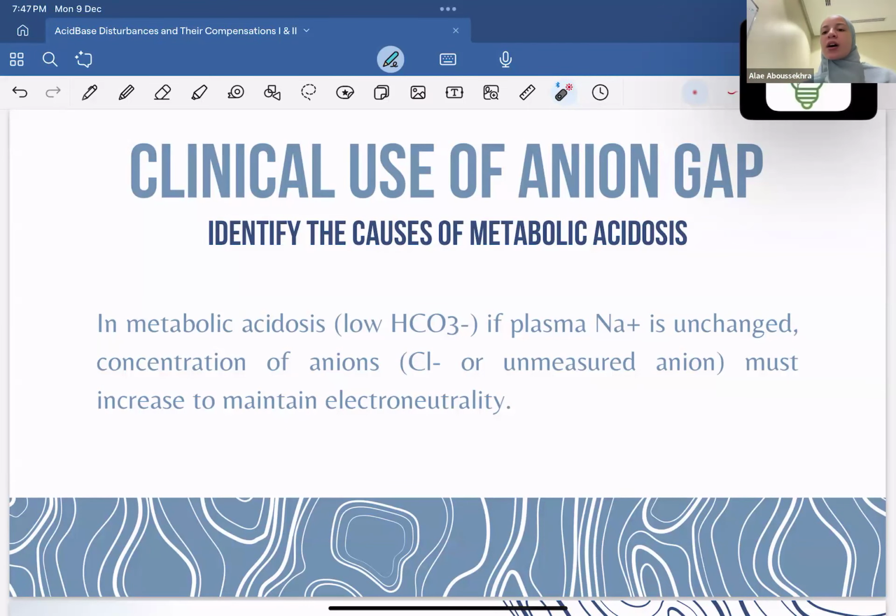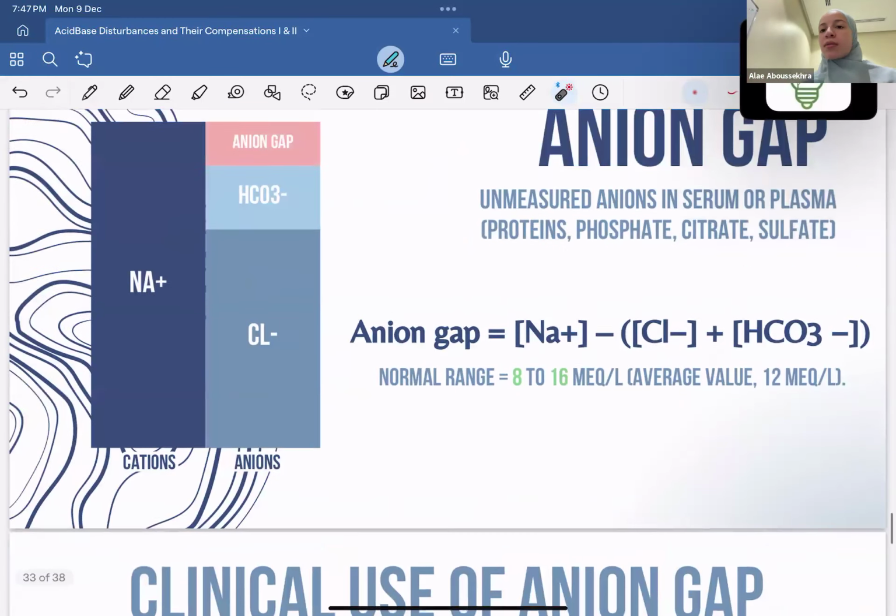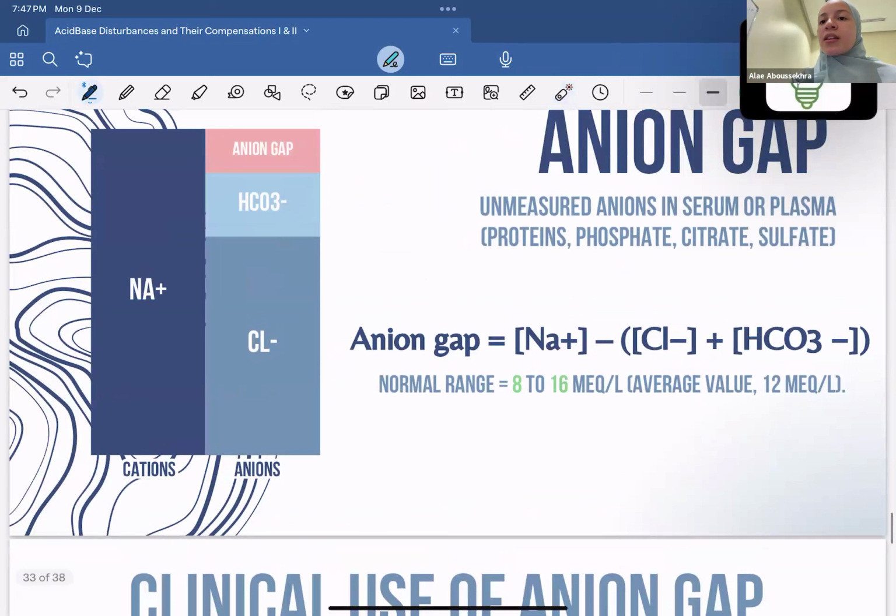So basically, how does it work? When we have metabolic acidosis, we have low bicarbonate. We want to maintain the electroneutrality between the anions and cations. So what happens is either the anion gap or the chloride needs to increase.